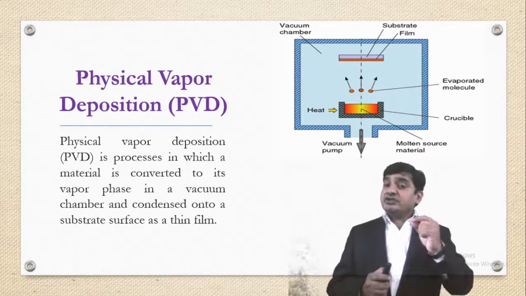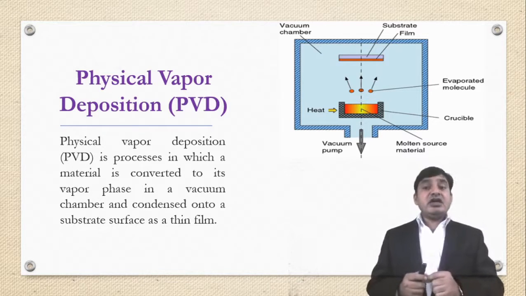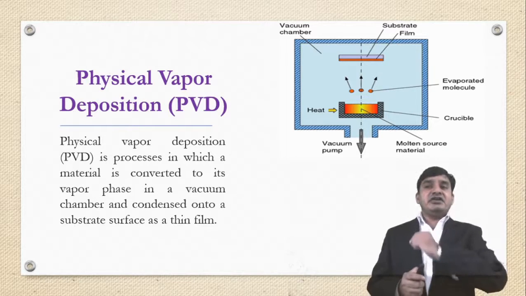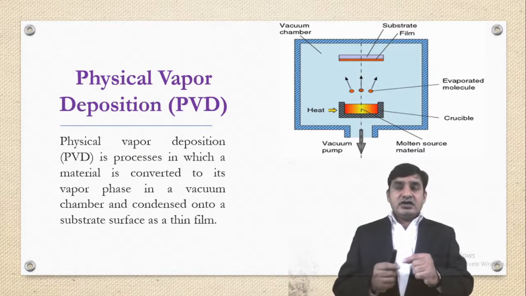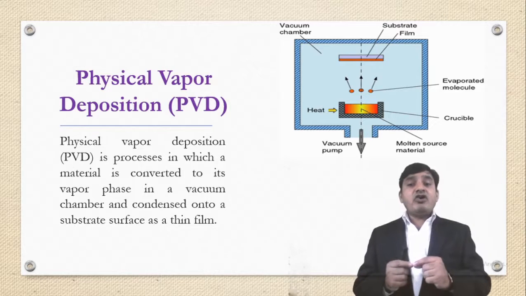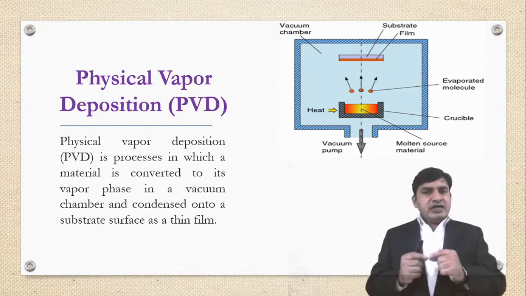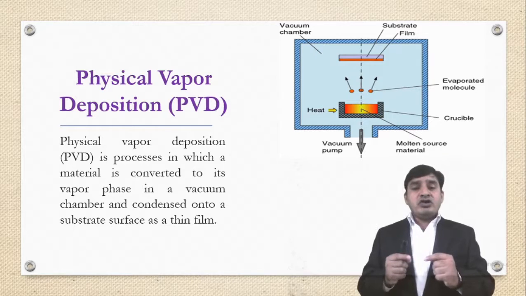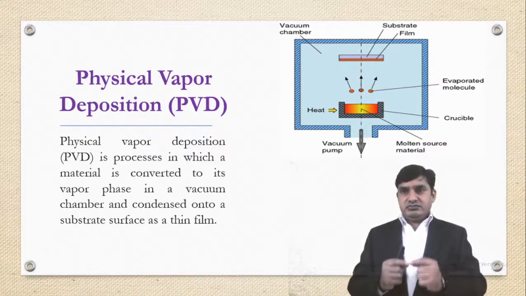Depending on this heating, there are again different types. First is direct heating, in which the material is in the form of a wire or a rod, and an electric current is passed through it so that it is heated and evaporated.